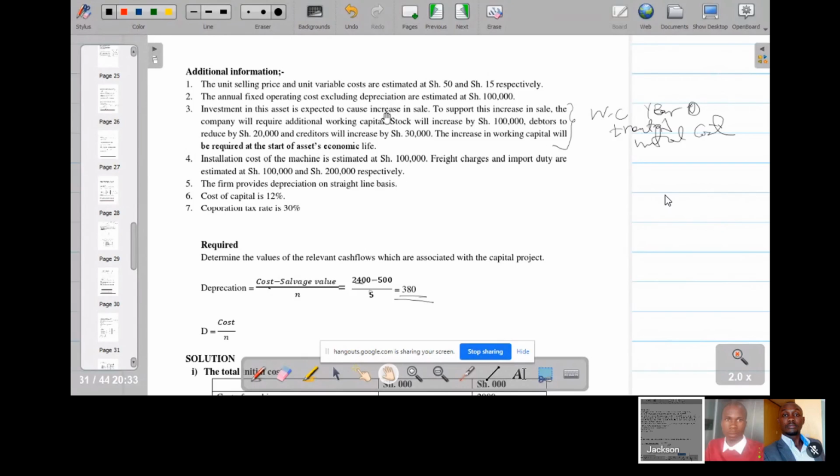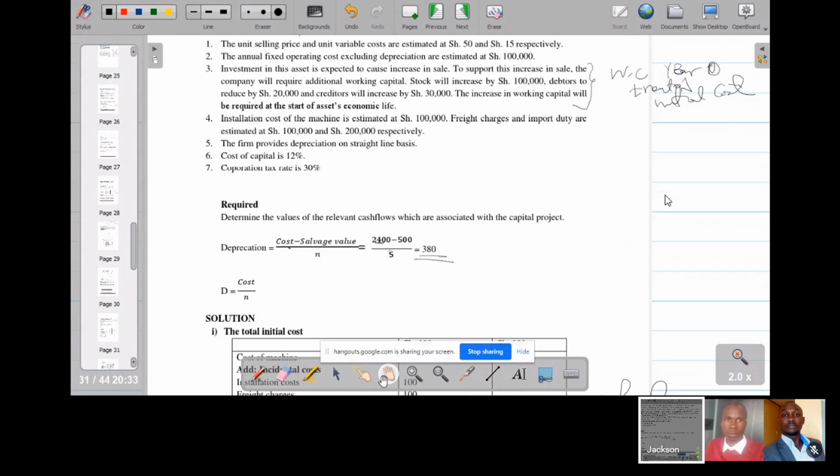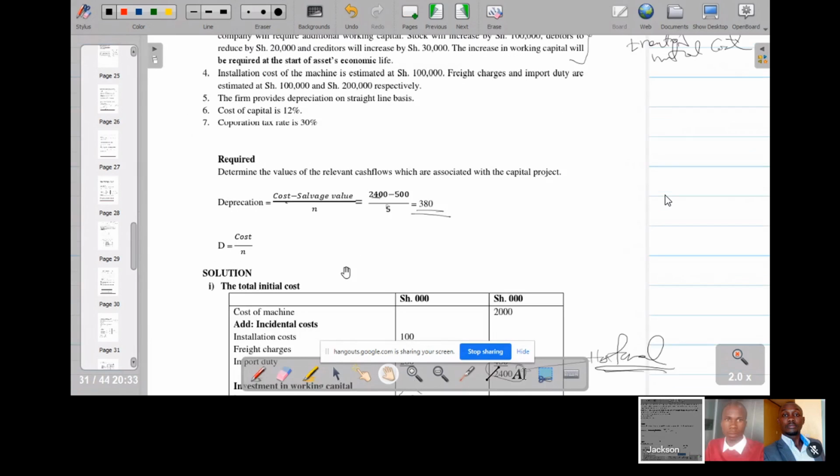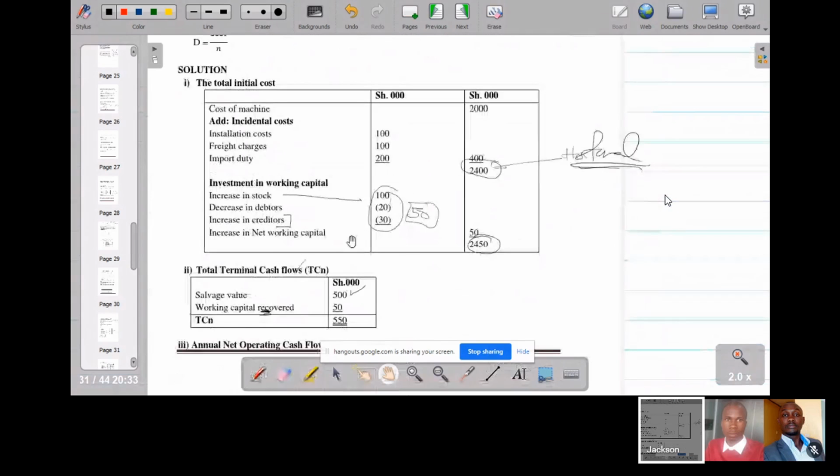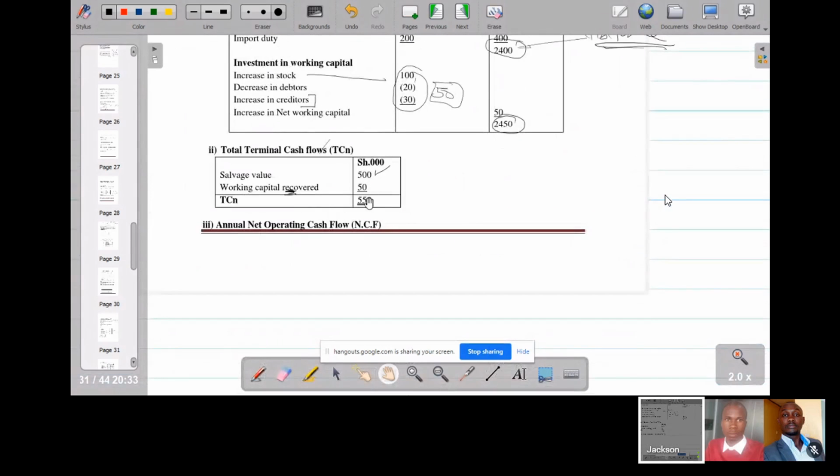You see, investment in this asset is expected to cause increase in sales. So once they buy this machine, the sales will increase, and then this working capital change will be realized, because there's a relationship between buying the machine and the change in working capital. So at the end of the year, it must be realized because the sales will realize that net change. That is why it is being added here to get 550.